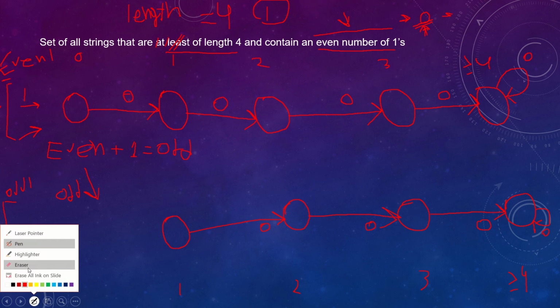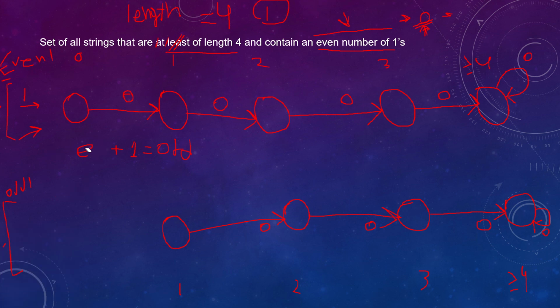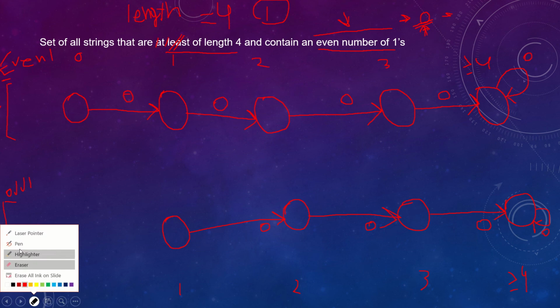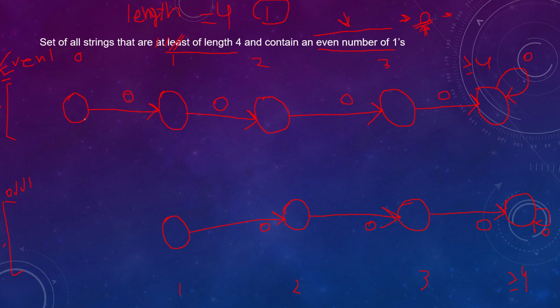So from length 0, if we get a 1, our length is increased by 1. That means we will go to length 1, and as a 1 came, from the even state we will move to the odd state.